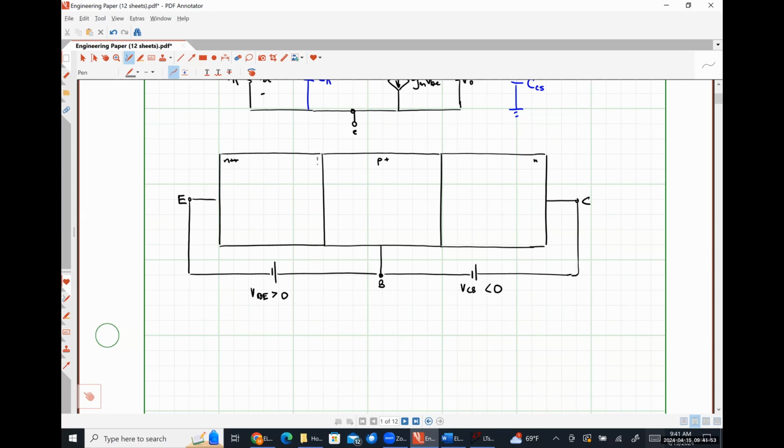So we're going to have it extend into the N region by some amount, and it should extend into the base region by a larger amount because of the lighter doping on the base side as compared to the emitter side. And then we're also going to have a depletion region for our collector base junction.